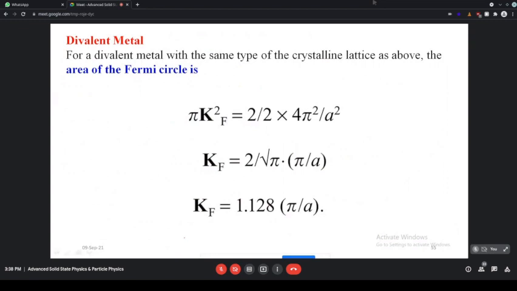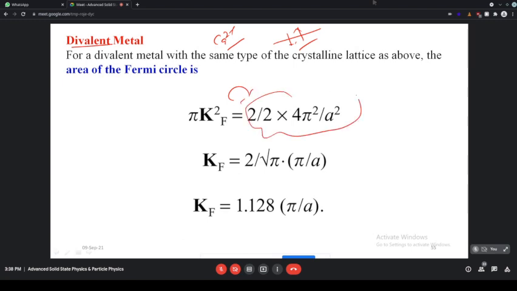Okay. Now let us consider a divalent metal. Divalent means, suppose you consider calcium, Ca 2 plus, containing two valence electrons. In one energy level, two electrons can come. We have already calculated 4 pi square upon a square divided by 2. Now there are two electrons, so let us multiply by 2.